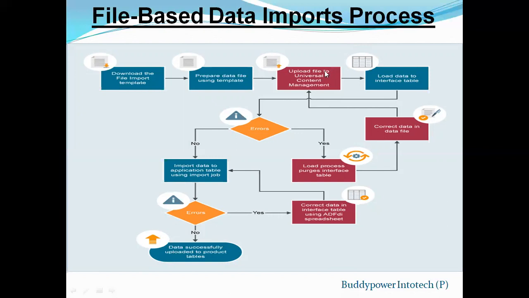From the search results area, you navigate to actions and click on upload. Then you click on browse to search for the zipped data file that you have saved in your system, select the account for the applicable file-based process, and click save and close to transfer the zipped data file to the Oracle Universal Content Management.